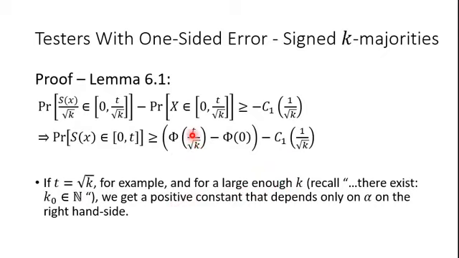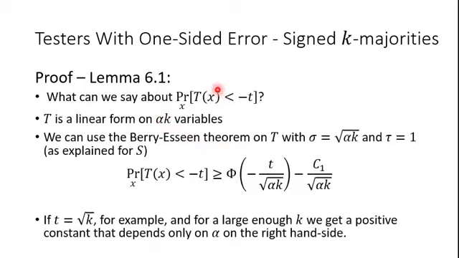Again, because we can immediately see that if we plug in square root of k, we get a constant term that is positive, for a large enough k. So this means that the probability of s(x) being in this interval is something that can be a positive constant that depends only on alpha.